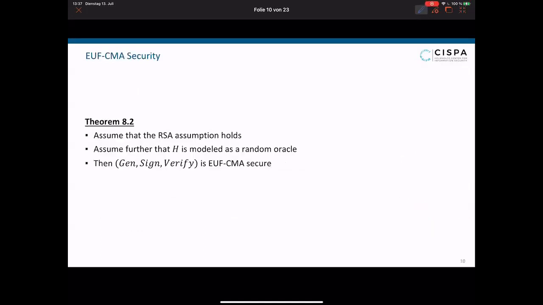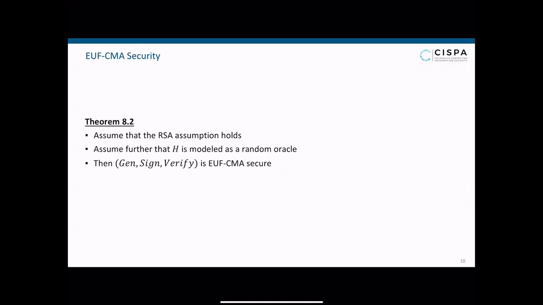But both seem to work because we're getting this theorem here, which says that let's assume that the RSA assumption holds, and let's further assume again that H is modeled as a random oracle. Then the RSA hash and sign scheme is in fact EUF-CMA secure. And let's quickly see the main idea why this is the case.